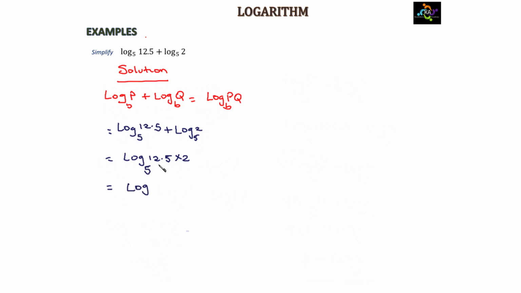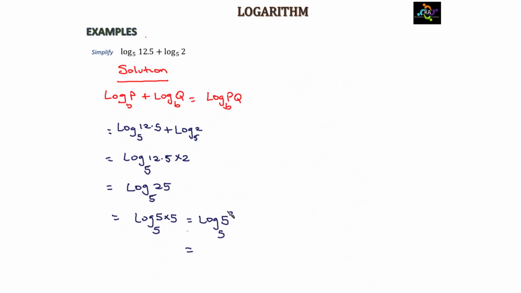Log 12.5 times 2 will give us 25 base 5. Now, this is just straightforward. What will you have next? You have log, convert this, find the factors of 25: 5 times 5 base 5. Now, you have log 5 squared base 5. Now, when you take the power back to the front, it will be equal to 2.